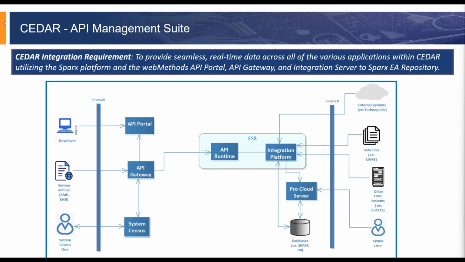Then next we have the ESB or the Enterprise Service Bus. This consists of both the API runtime and the integration platform. So the API runtime, that's where our REST API code is installed, loaded, and run. So that's providing that functionality there.